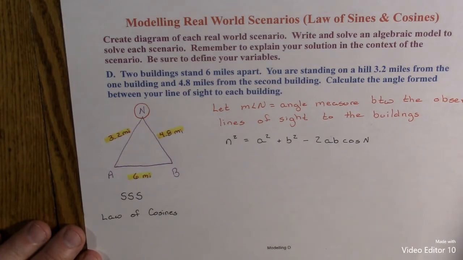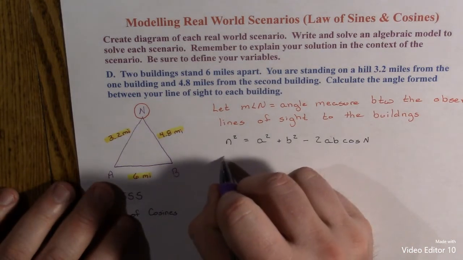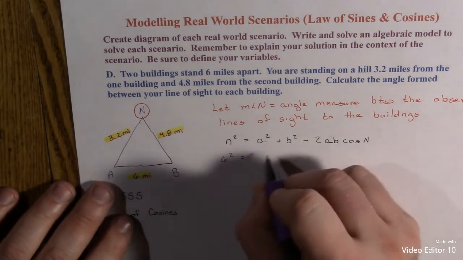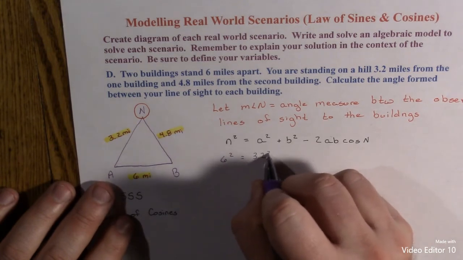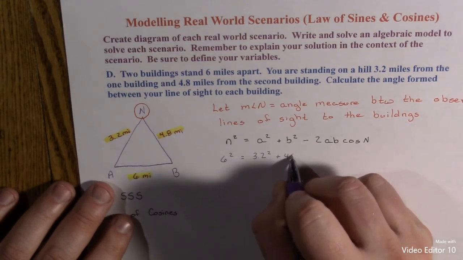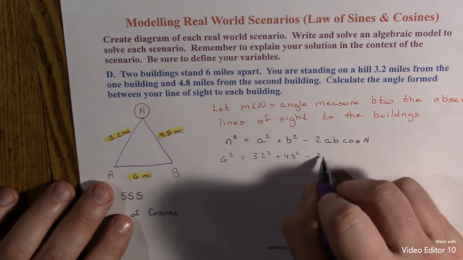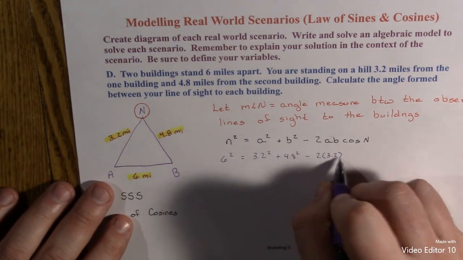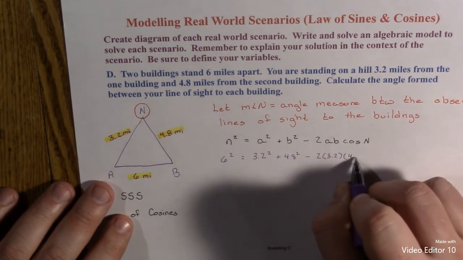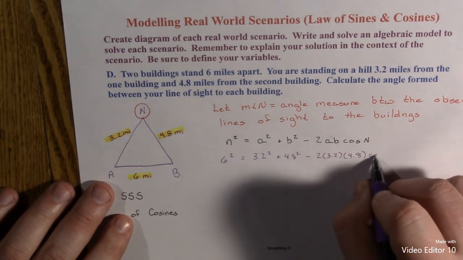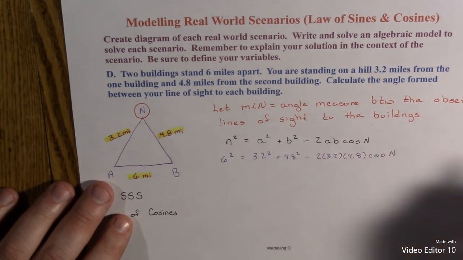So using that information, we now know that it will be 6 squared is equal to 3.2 squared plus 4.8 squared minus 2 times 3.2 times 4.8 times the cosine of N.